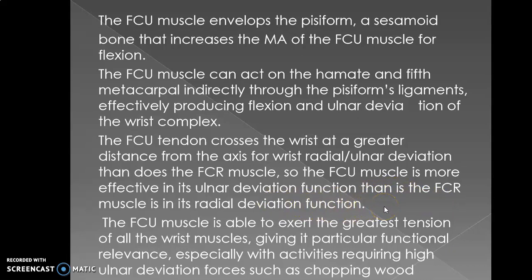If you compare which is stronger, the ulnar deviator, the FCU, is stronger because it has a larger moment arm. The flexor carpi ulnaris muscle is able to exert the greatest tension of all the wrist muscles, meaning the largest torque, giving it particular functional relevance, especially with activities requiring high ulnar deviation forces such as chopping wood.